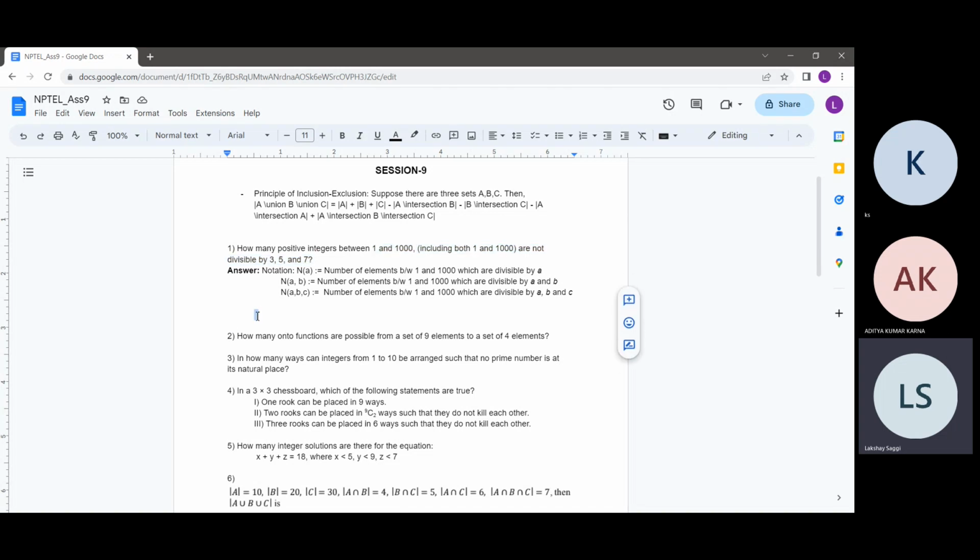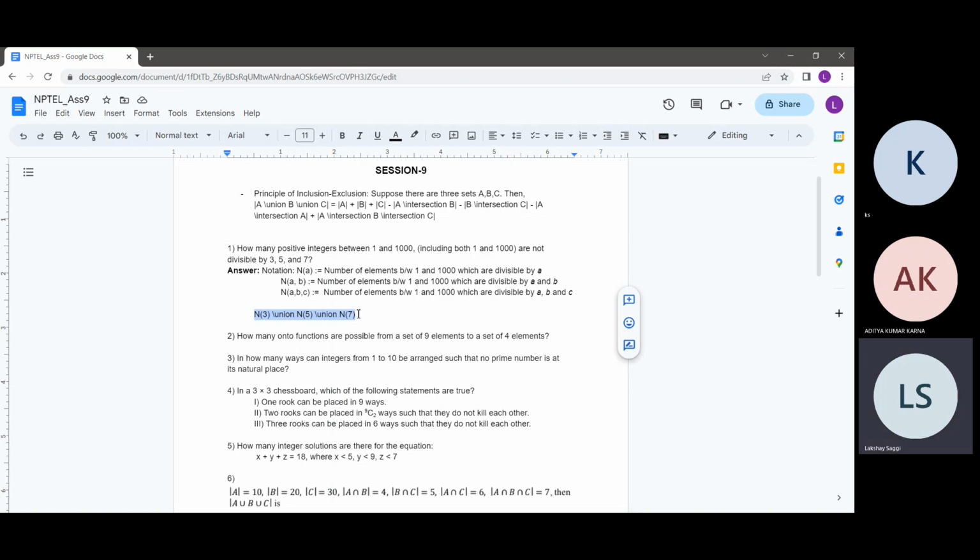So how can I write this set? n of 3 will be the number of elements between 1 and 1000 which are divisible by 3, and the number of elements which are divisible by 5, which are divisible by 7. Okay, maybe I'll write it this way.